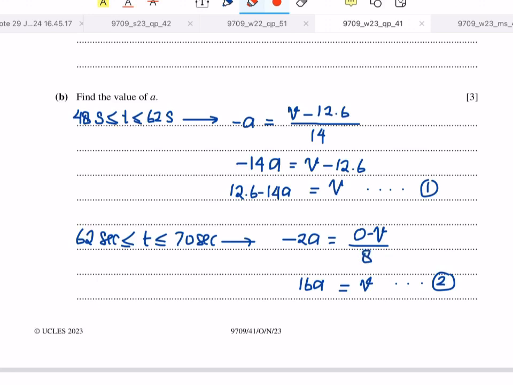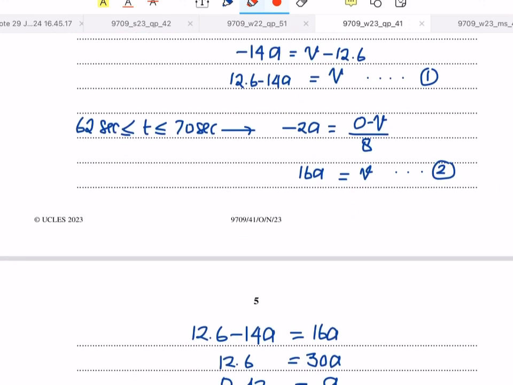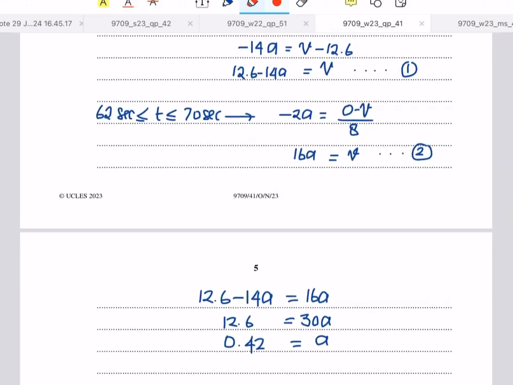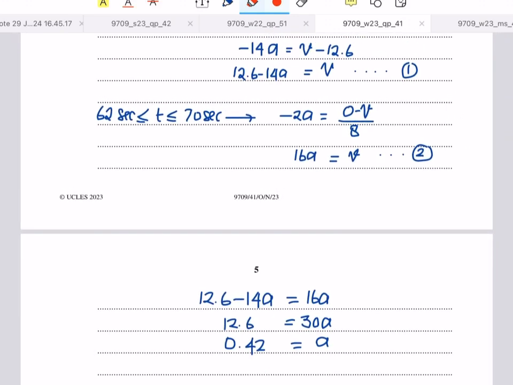So the second equation is V equals 16A. Using the substitution method, we have the equation 12.6 minus 14A is equal to 16A. Solving this equation, we get A equals 0.42.